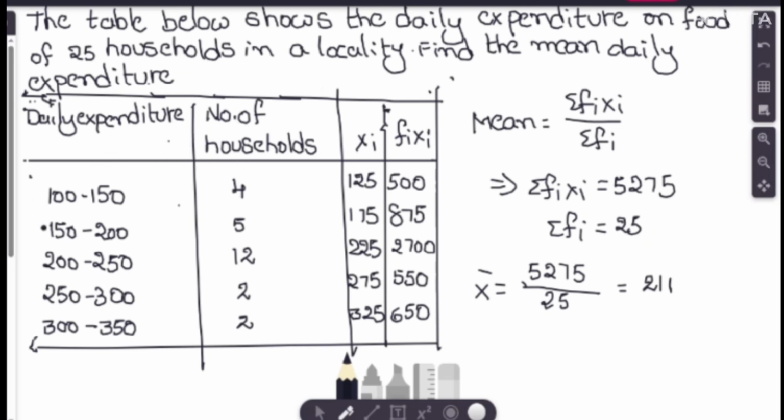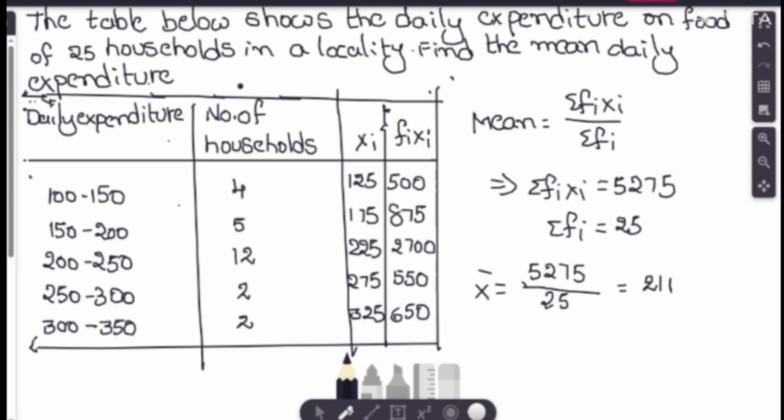Here they gave grouped frequencies, the grouped frequency distribution table it is. So here 100 to 150, 150 to 200, 200 to 250, 250 to 300, 300 to 350. These are the class intervals. These are lower boundaries. These are upper boundaries.